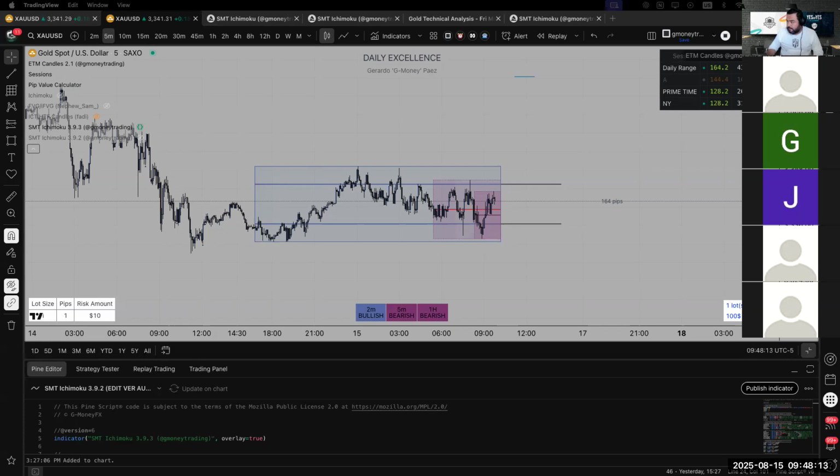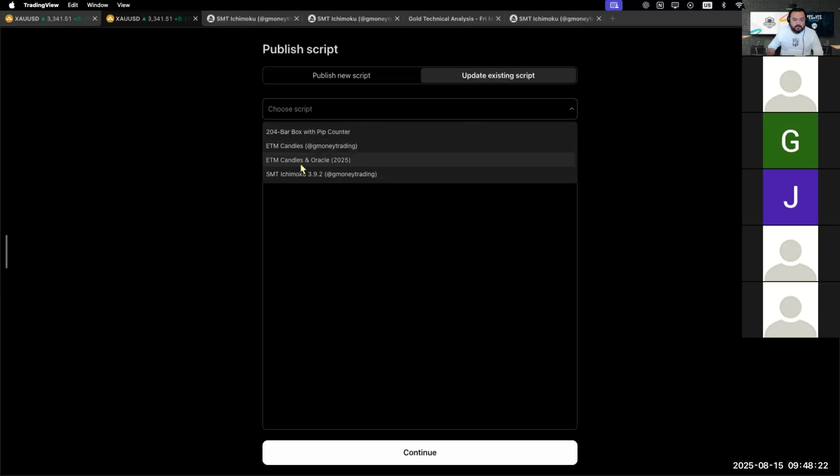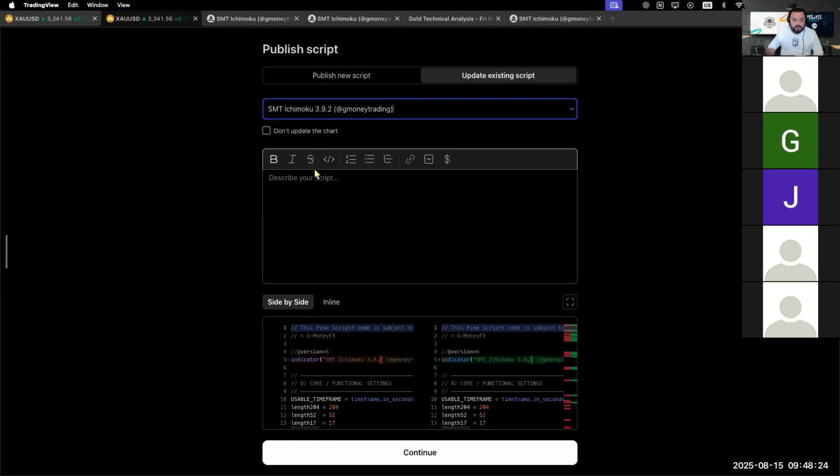Then publish this indicator here, up here, 3.92.